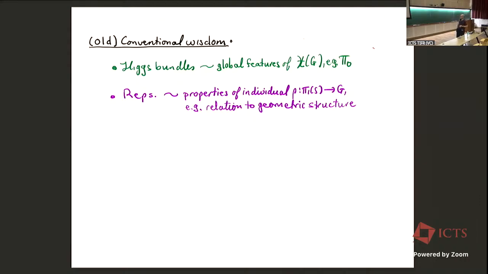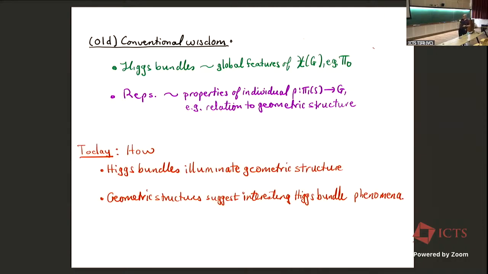The old conventional wisdom was that the Higgs bundle point of view was very useful for seeing global features of these moduli spaces, in particular the number of connected components, whereas the representation variety side was more effective in understanding properties of individual points in the moduli space, in this case individual representations. And in particular, it was very powerful in understanding the relation to geometric structures.